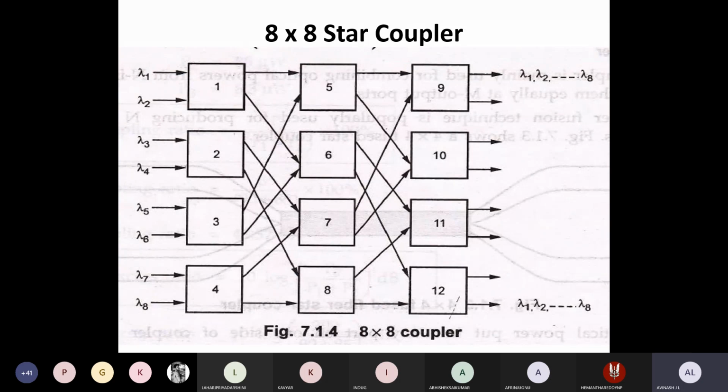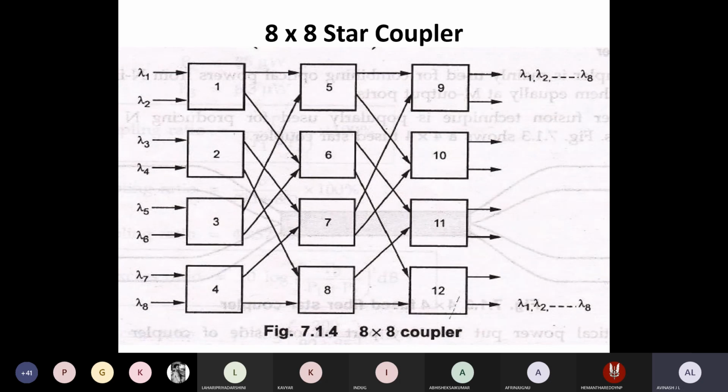Lambda 1 is distributed to all 8 output ports equally. Similarly, lambda 2 is also distributed equally to all 8 output ports. Similarly, for all the inputs: lambda 1, lambda 2, lambda 3, lambda 4, 5, 6, 7, 8.